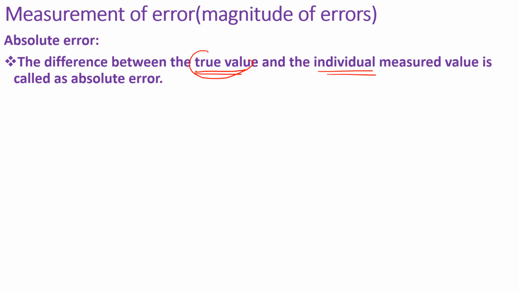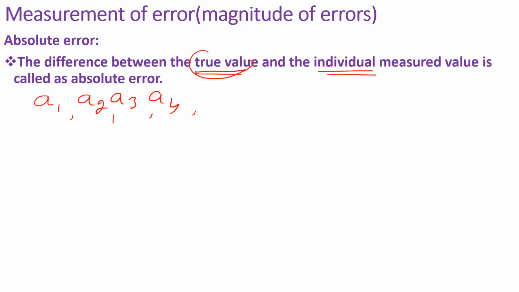Let us suppose I am measuring any physical quantity A. Then in different trials I will get the readings A1, A2, A3, A4, etc. These are the readings which I obtain in different trials. Then in order to find the actual value, what do you do in your laboratories? While performing the experiment, you take values many times.